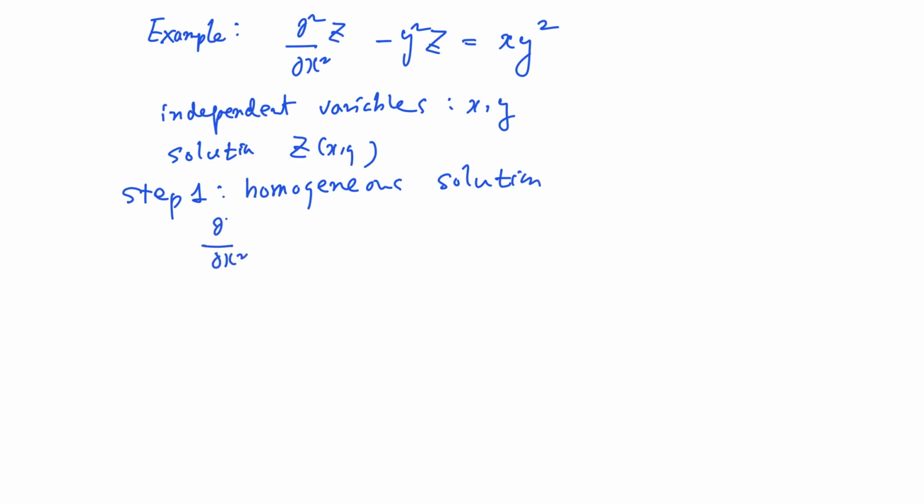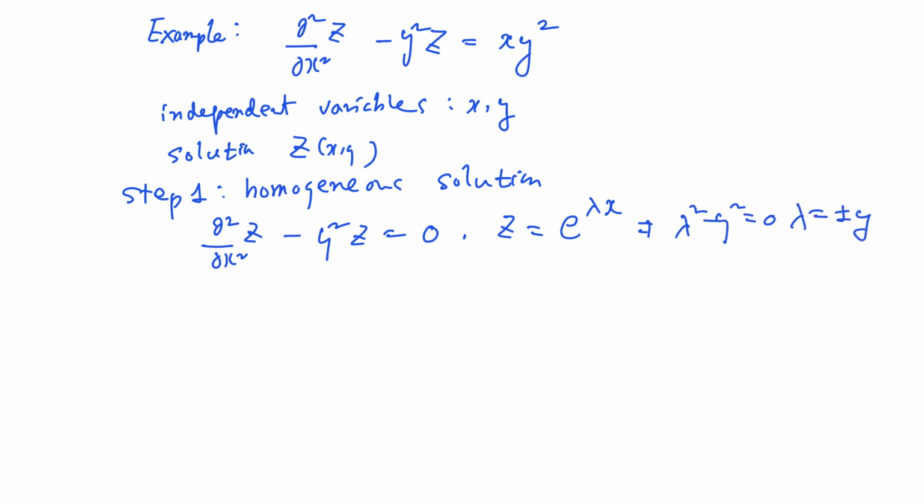Partial squared z over partial x squared minus y squared z is equal to 0. Then lambda squared minus y squared equals 0, so lambda is plus or minus y. So the homogeneous solution 1 is exponential yx, and solution 2 is exponential minus yx.